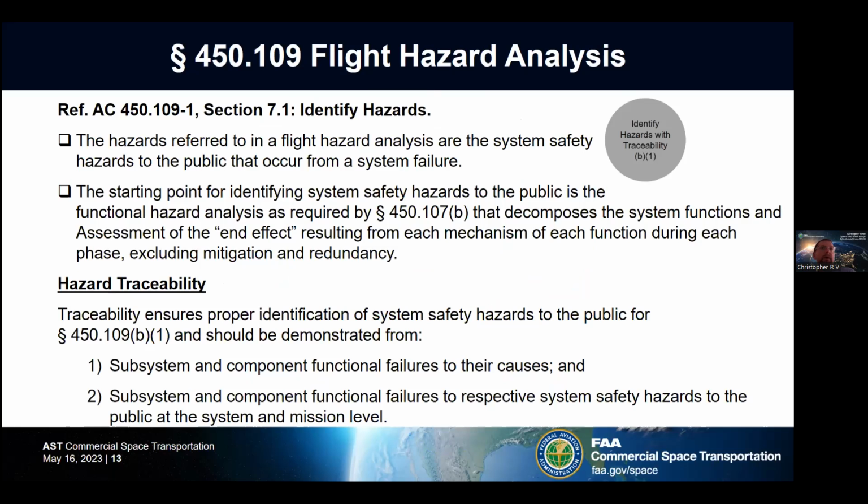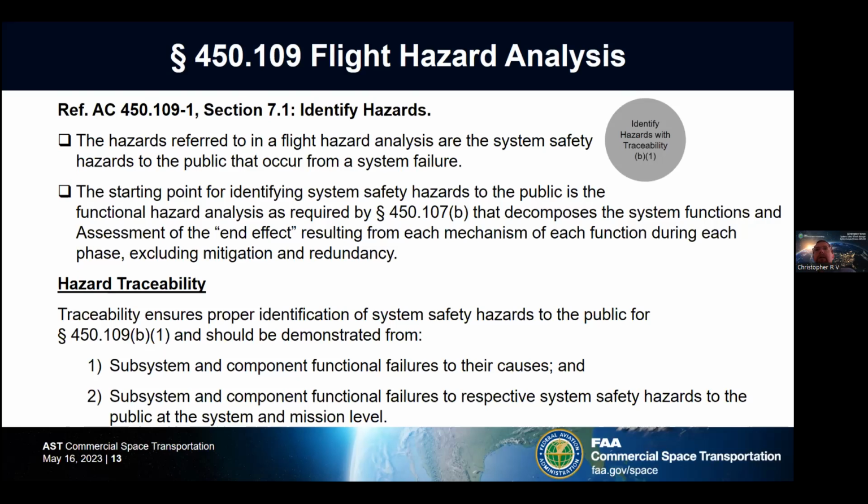Section 7.1 of the AC discusses the first part of 109, identifying hazards. The hazards referred to in a flight hazard analysis are the system safety hazards to the public that occur from a system failure. The starting point for identifying system safety hazards to the public is the functional hazard analysis, which is required by 450.107(b) and was discussed last Thursday.